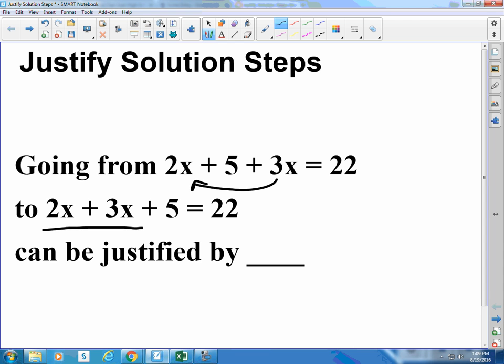So this is the additive, meaning that you're adding, property. Well, let's write it this way. It's the associative property of addition.